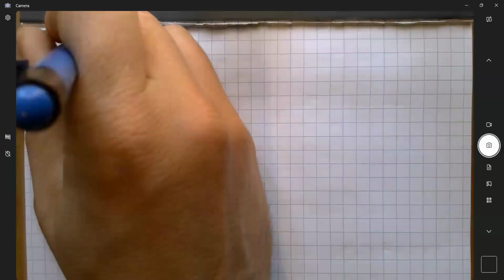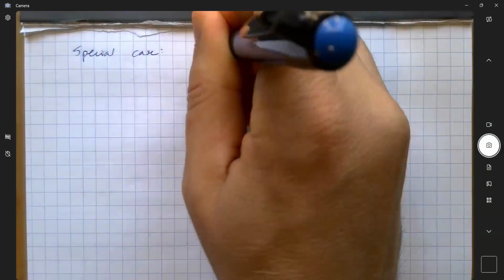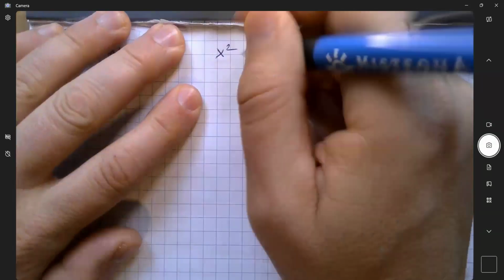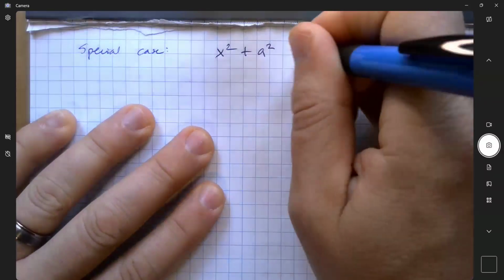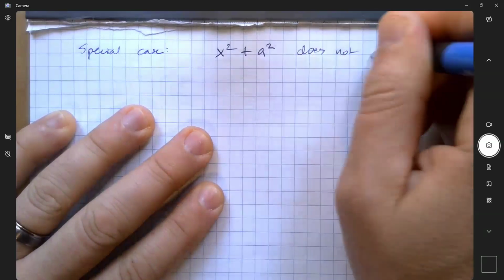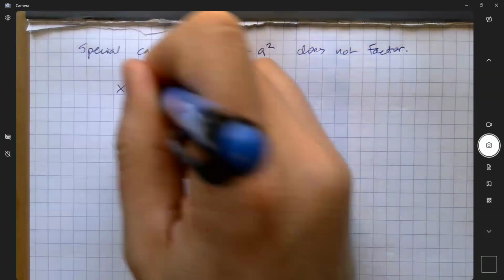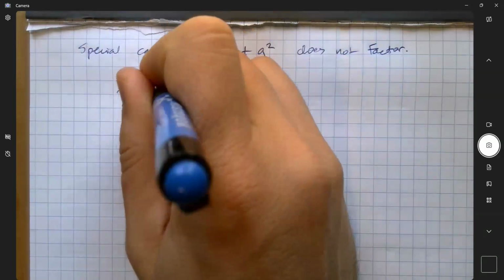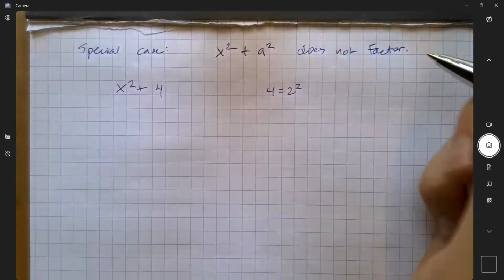Special case number 2 is x squared plus a squared, and that does not factor. X squared plus 4 doesn't factor. 4 is 2 squared, still doesn't factor.